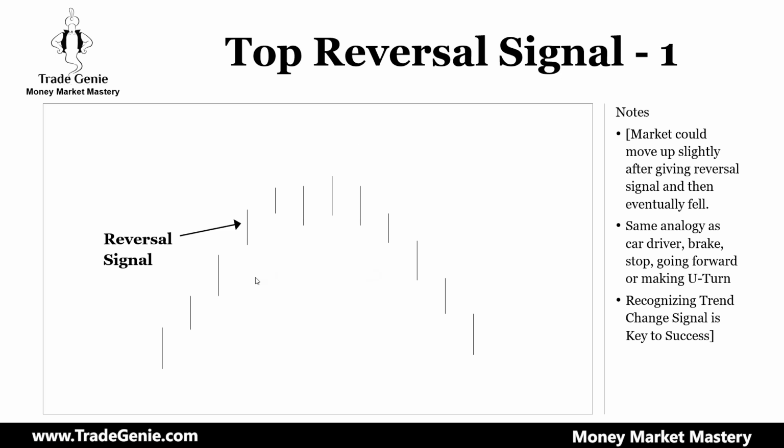The market can rally and then give you some kind of reversal signal. If it gives you a reversal signal and you have a long position, first of all you need to exit, at some overbought level or some resistance. Whatever signal you saw, you need to exit your long position.